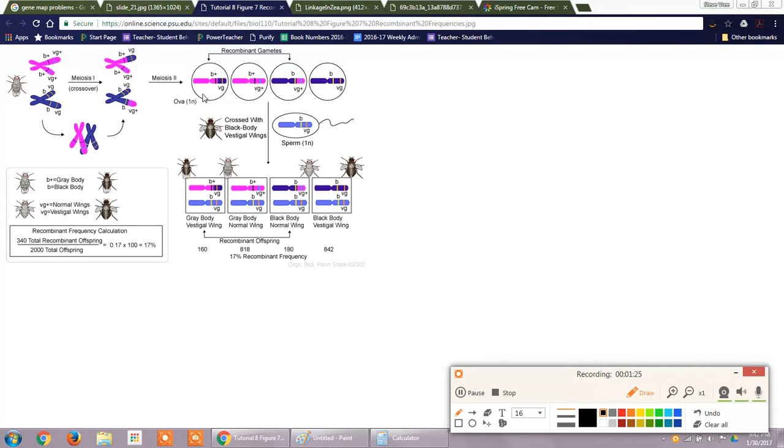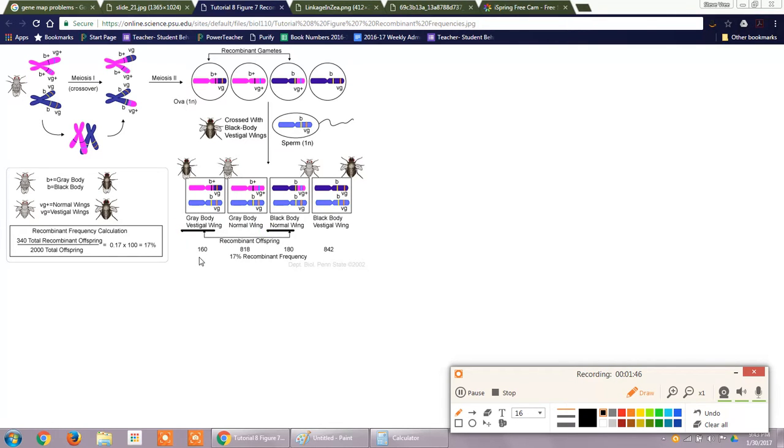But what you're going to get is all four possible combinations of B and VG, and the pluses are going to end up in the gametes, but two of them, the ones that got mixed up, the B plus and the VG, are going to be your recombinant chromosomes. And so that's going to show up right here on this one and on this one.